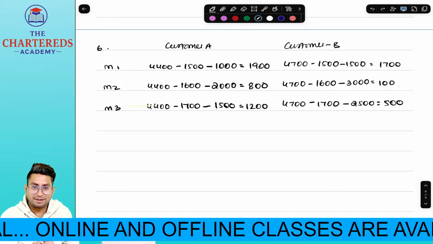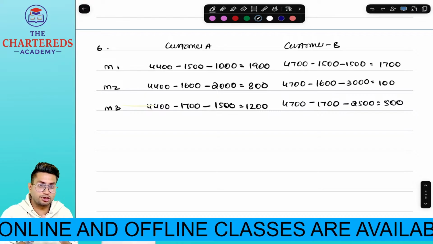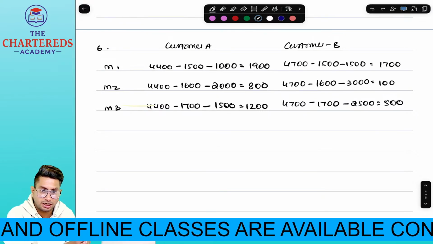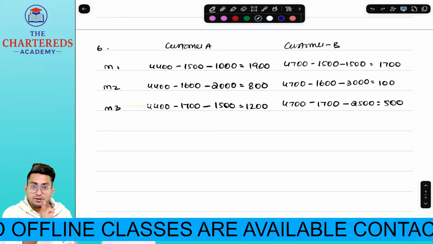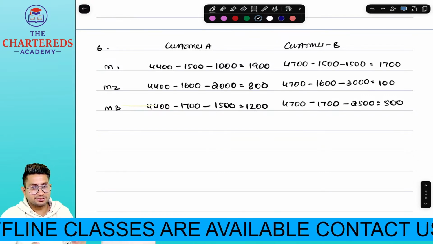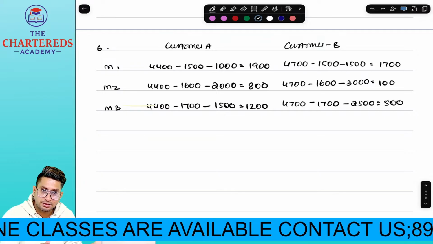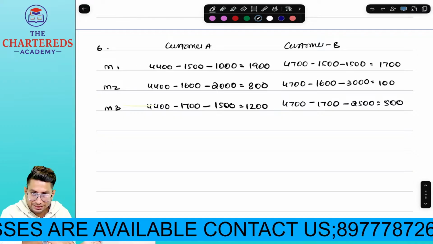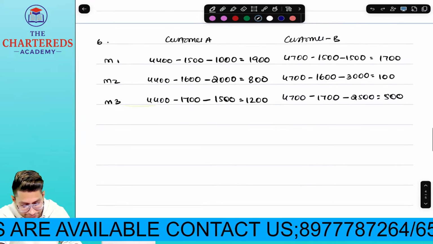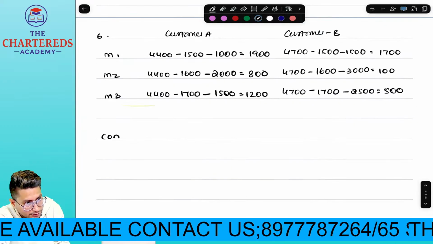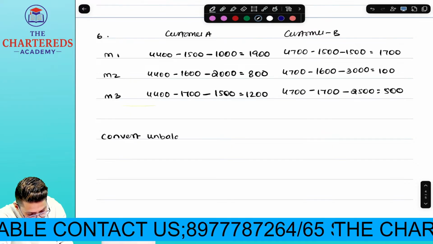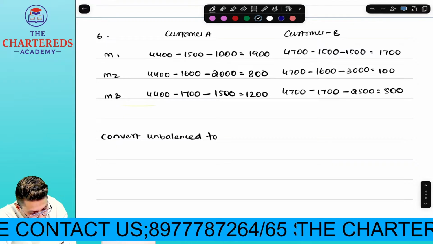It is maximization also. So first what you have to do? First you should convert maximization to minimization, or first unbalanced to balanced. First unbalanced to balanced. After that, convert the balanced maximization problem into minimization. So first convert unbalanced to balanced.